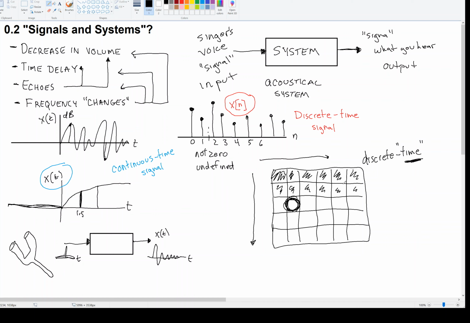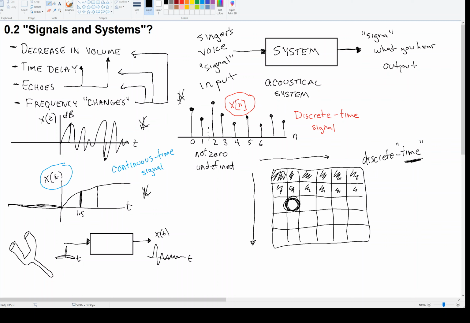So even pixels in a grid, we would still call a discrete time signal, even though the independent variables here are space. We're actually not going to look at too much in this course two-dimensional signals. We're going to stick to these one-dimensional signals. How does our signal change with one variable, not with two?